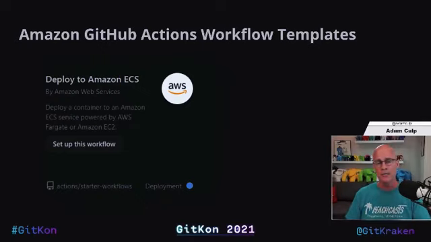Now, in this case, what I did is I used the marketplace, and I'm leveraging an Amazon Action workflow template that is created by AWS. AWS has created a few and put them out there. The one that I used for this example is Deploy to Amazon ECS.